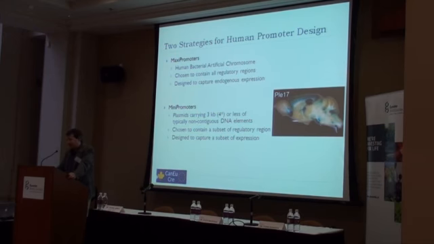We recognize in doing that we're only going to get a subset of the regulatory sequences from the original gene, and so therefore we don't expect to reproduce the endogenous pattern of expression. We hope to see that we'll either have a subset of the expression or at least perhaps a temporal portion of the expression. So let's focus on maxi promoters first, and then we'll move to the mini promoters.